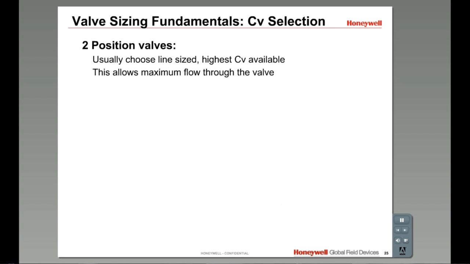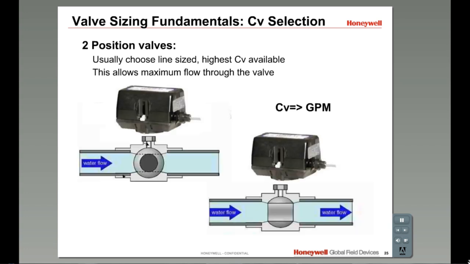Often with a two-position on-off valve, it is desirable to have as much flow as possible. In this case, the valve with the highest CV should be selected. Additionally, as CV is the GPM going through a valve at 1 psi drop, you may select a valve with a CV equal to or greater than the GPM required.